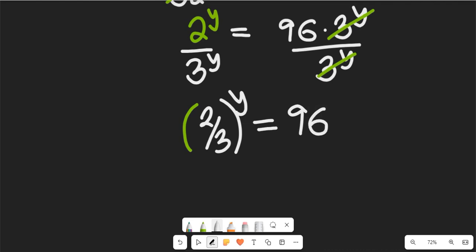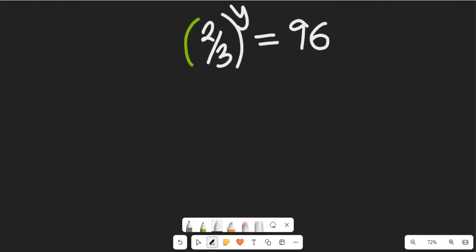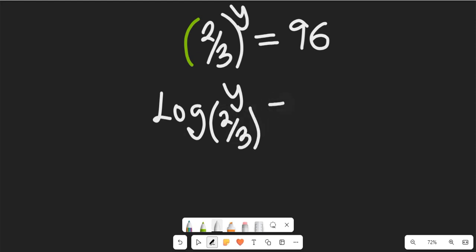Now at this point, what we need to do is either take the logarithm of both sides or the natural log of both sides. So if we take the log of both sides, we'll have the log of 2 divided by 3 all to the power of y, right? And this will be equal to log of 96.